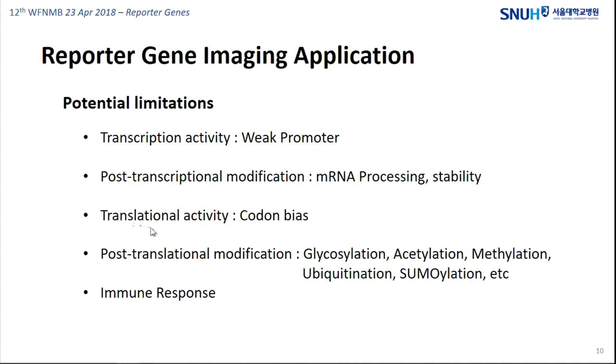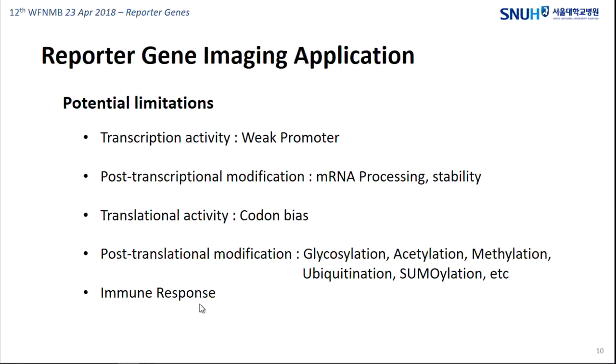And also after the translation, post-translational modification is really important for the function, because most of our nuclear medicine reporters are enzymatic and transporter types. Sometimes the 3D structure is important for their function, and also glycosylation, acetylation, methylation, ubiquitination, and sumoylation. Those kinds of things are really important for their functions, so we have to consider that.